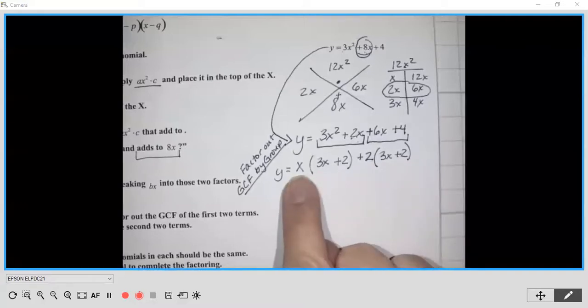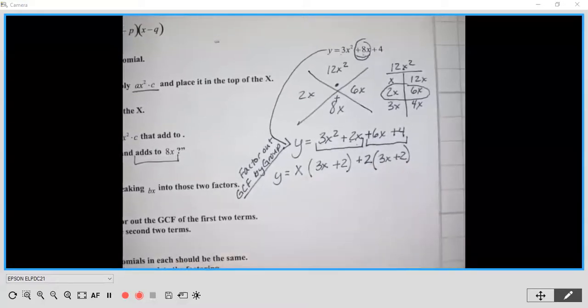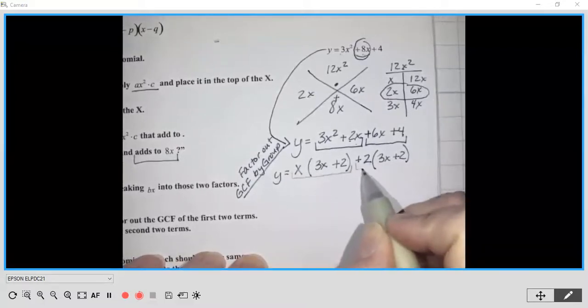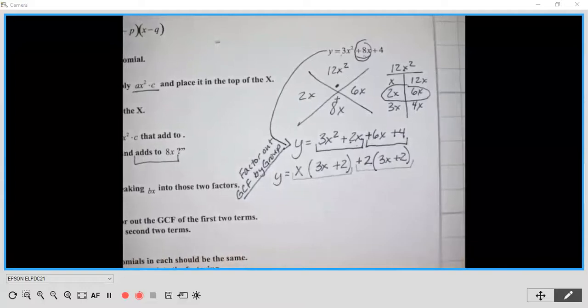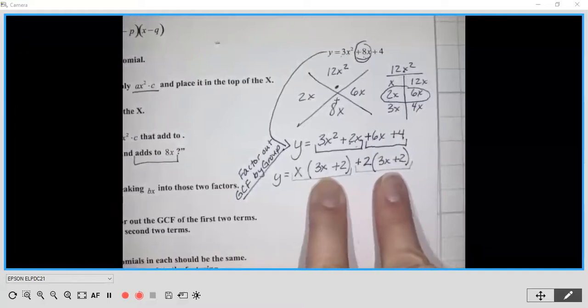So now I'm looking at this as my first term, and I'm just going to underline that with a pencil, so it's a different color. And this is my second group. Now, what can I factor out of those? What do they have in common? Well, they have 3x plus 2 in common.